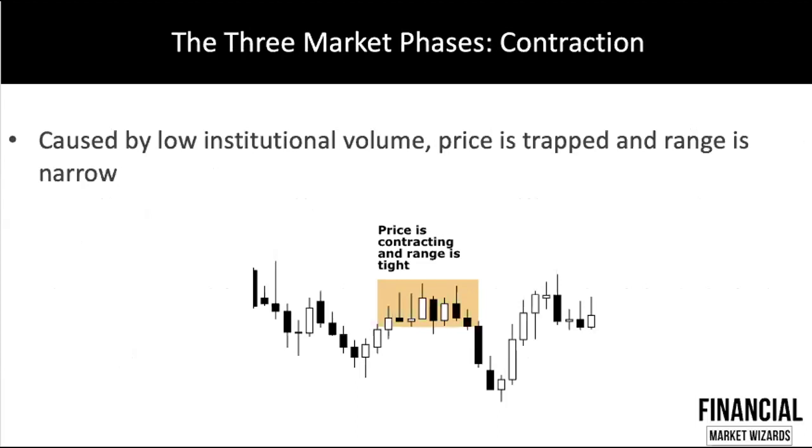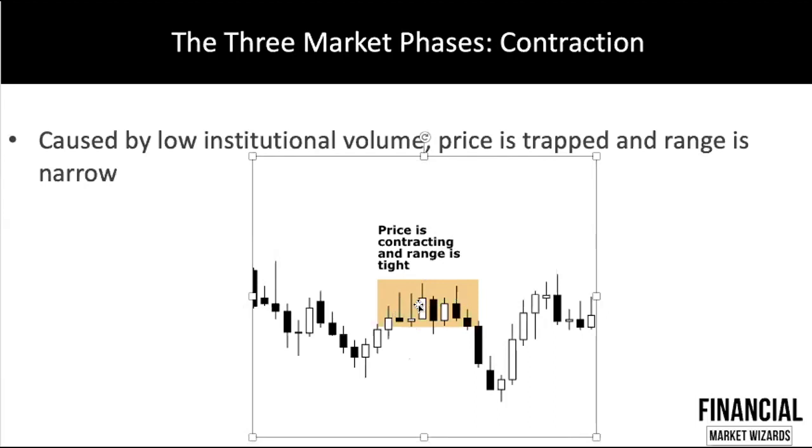A lot of retail traders try to buy and sell, but whether you buy or sell, your profits are very minimal. Even if you buy the low end of the range and sell the top, you don't see explosive growth in your trading account. So in this phase, price is trapped and the range is narrow.